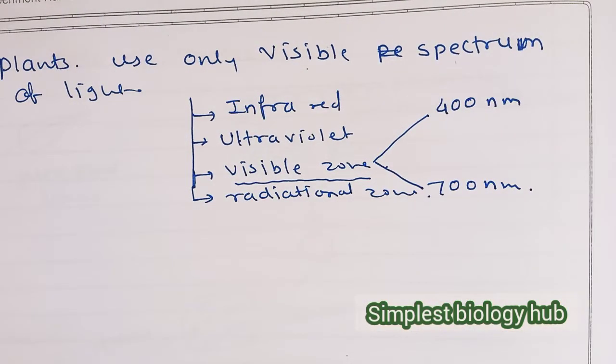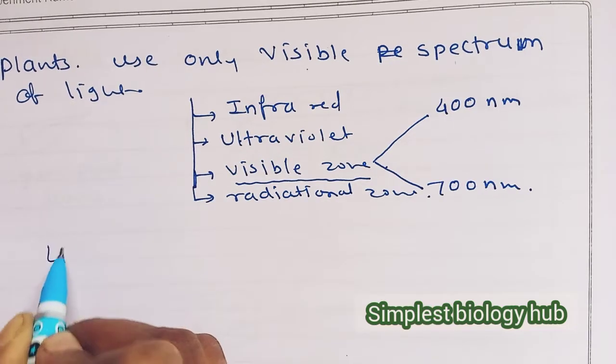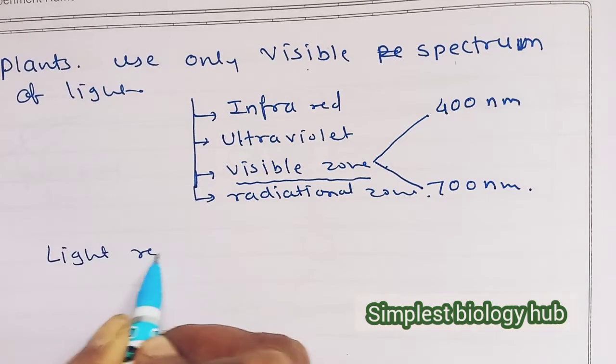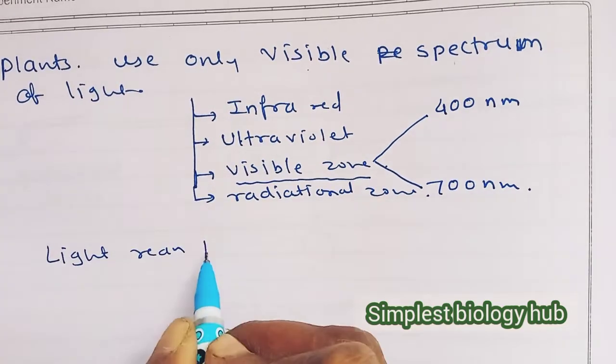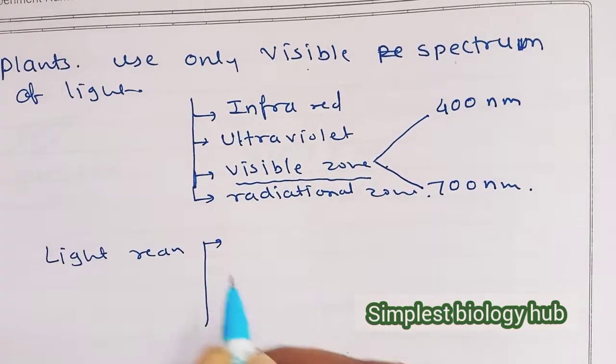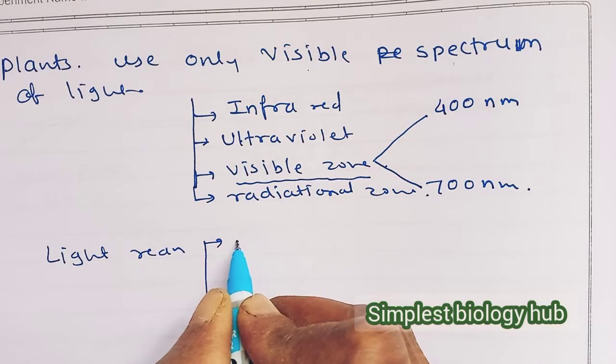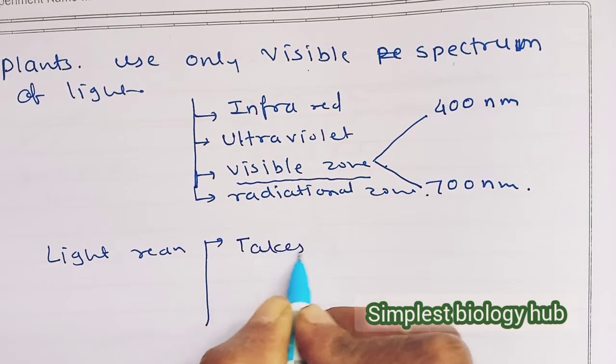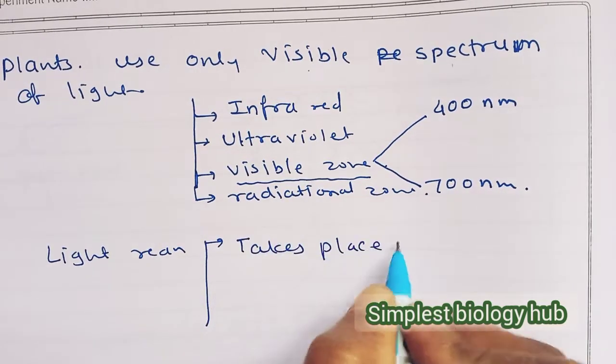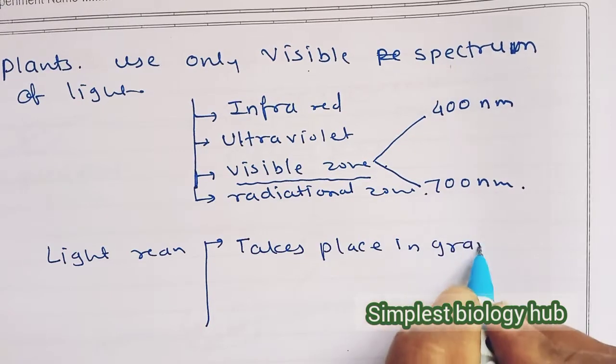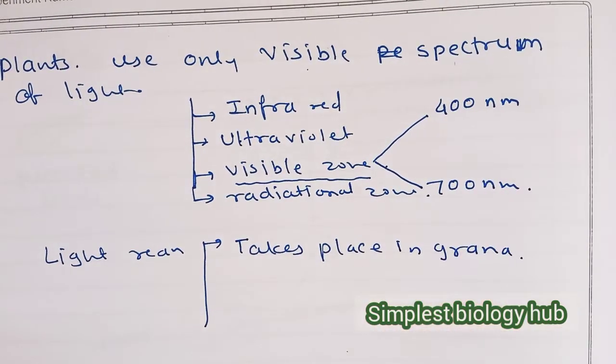Now the light reaction takes place in the grana region of the chloroplast. It is the most important reaction. It takes place in the grana part, or granum thylakoid.